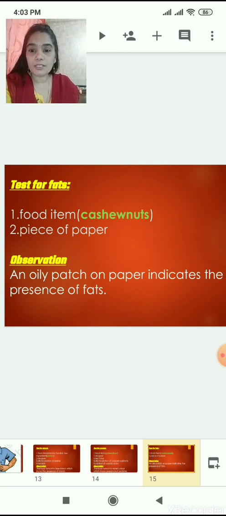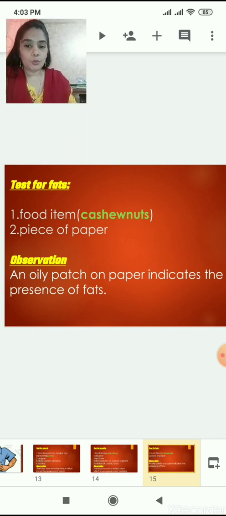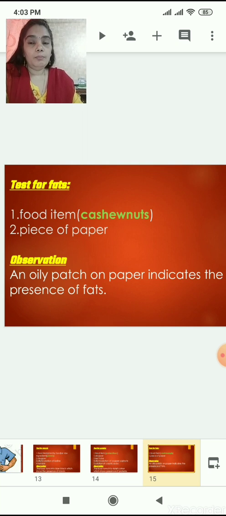So we have conducted tests for the presence of fats, starch and proteins. Quickly copy this down, children. In the presence of starch, the food will turn blue black.